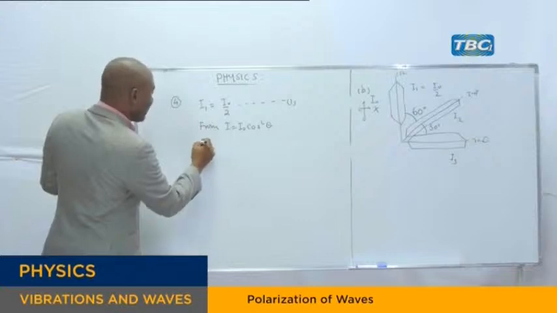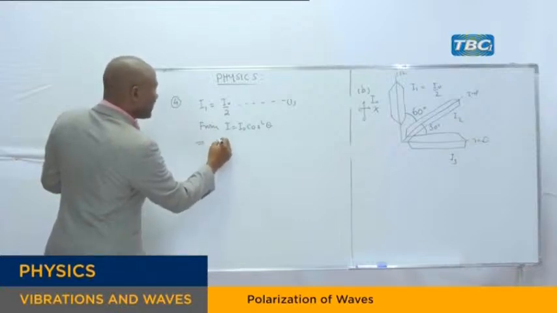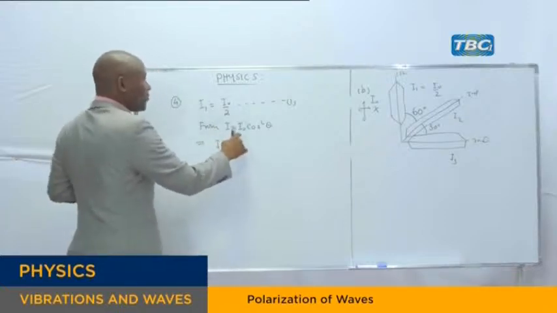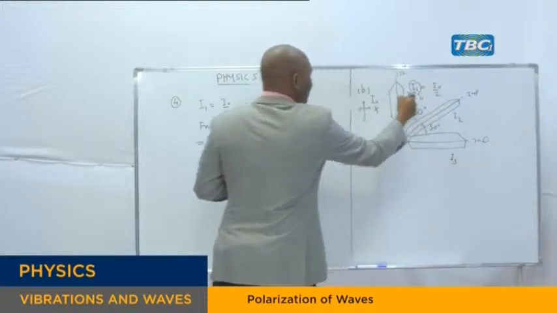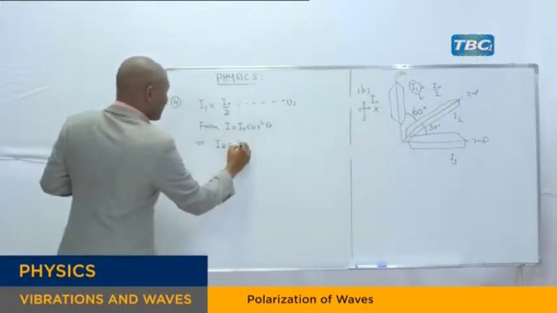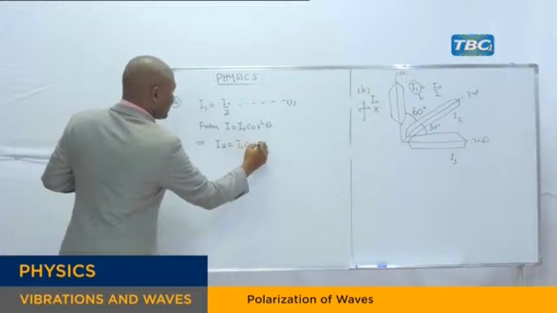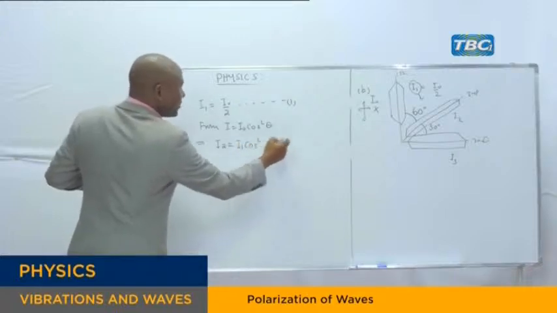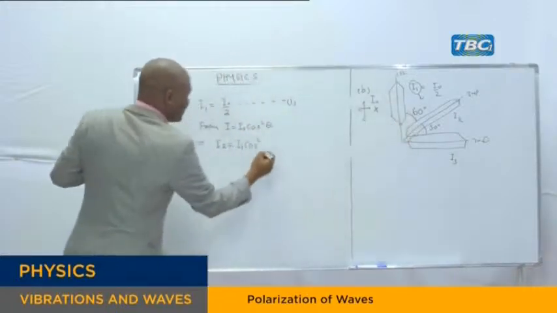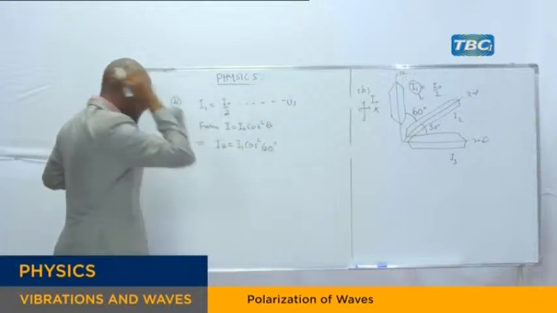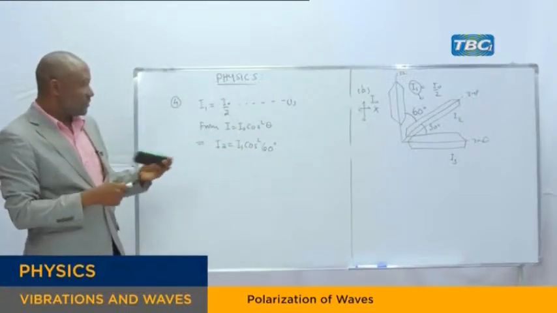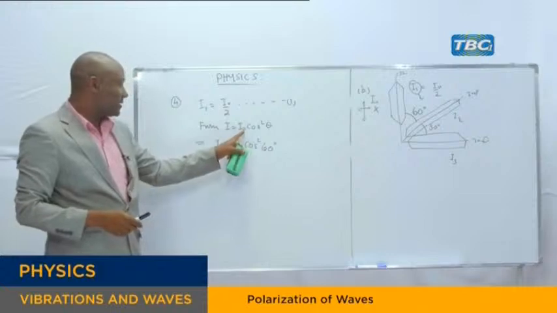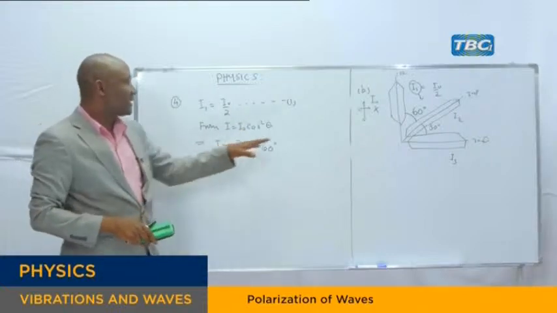So from this, we can find that I2 equals the initial, which is I1, times cos squared of the angle between these two polarizers, which is 60. Don't confuse the initial here with the initial taken from the first case.